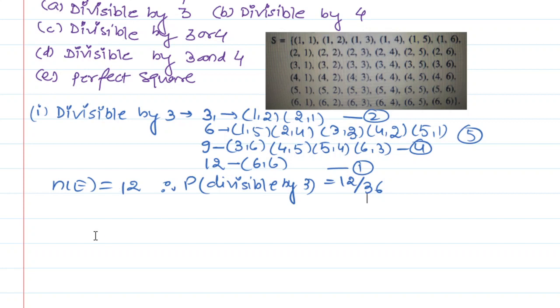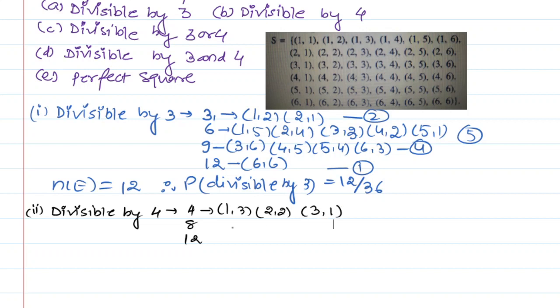I want the number which is divisible by 4. Second part. So what are the numbers divisible by 4? It is 4, 8 and 12. What are the ways in which I can get the sum as 4? So it is 1 comma 3, 2 comma 2 and 3 comma 1.